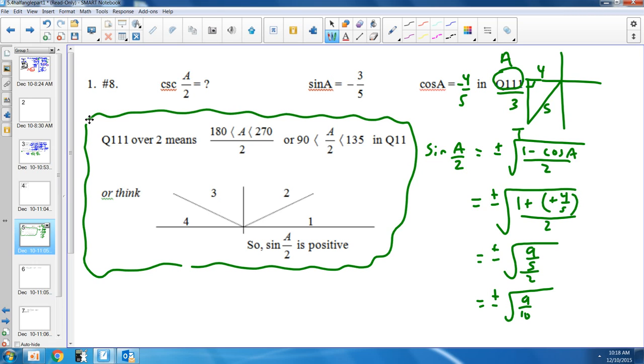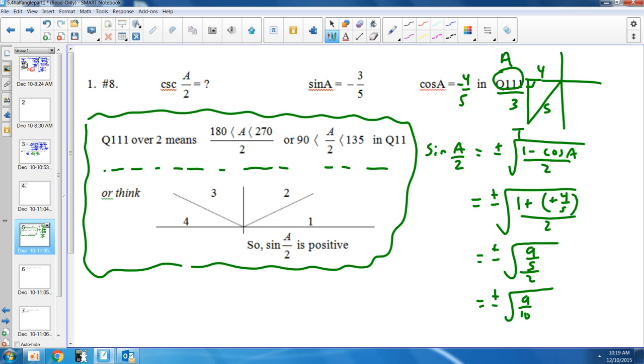It's no longer A. It's A divided by 2. So you can't just go up and say it's in the third quadrant because it's not A. It's A divided by 2. So you have to adjust. You have to figure out what is the quadrant of A over 2. There are two methods to figure out what the quadrant of A over 2 is. And that's what this is all about.